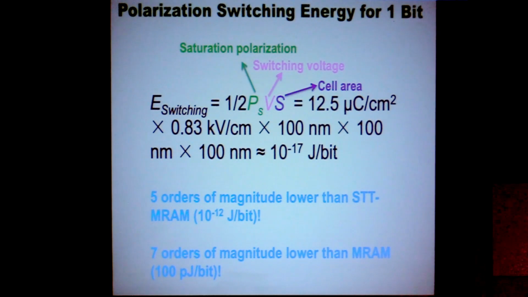If we remember that MRAM is around 100 picojoule per bit, and STT-MRAM is like 1 picojoule per bit. For the polarization switch energy for just 1 bit, consider we can make this device very small, like 100 nanometer by 100 nanometer by 100 nanometer. This is just a small cell.